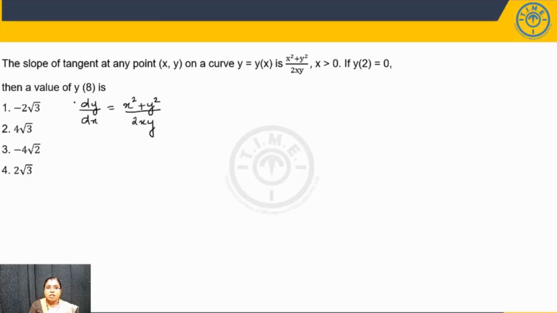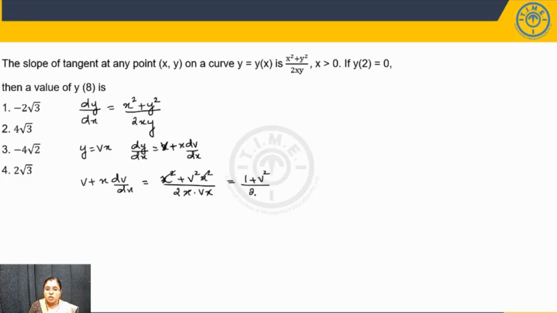So obviously this is a homogeneous differential equation. So we'll replace y by vx and dy/dx by v + x dv/dx. So we have v + x dv/dx equal to (x² + v²x²)/(2x·vx). x² cancels from each and every term, so we get (1 + v²)/(2v).